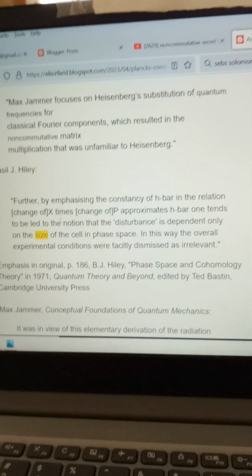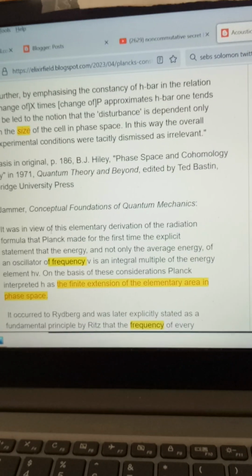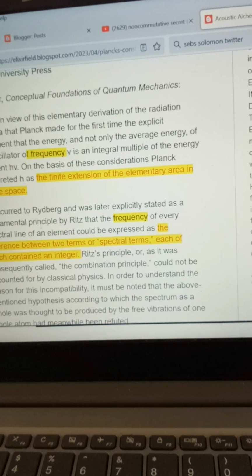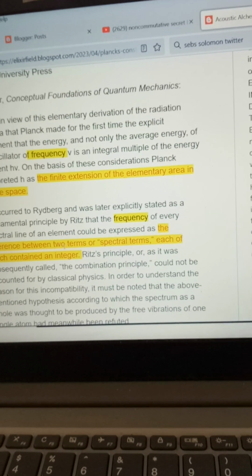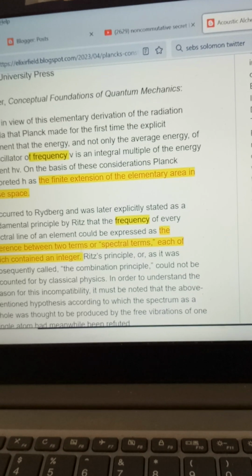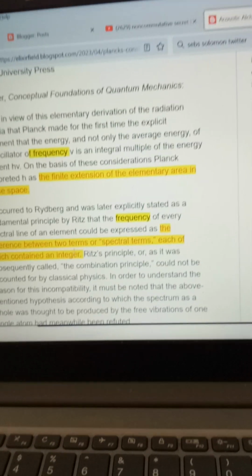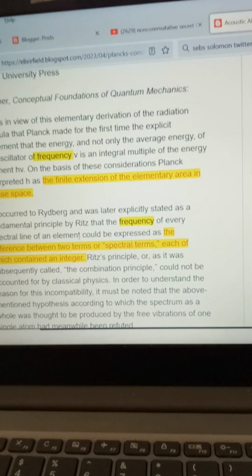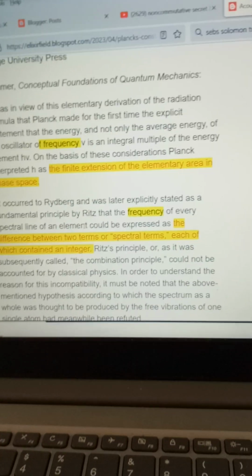And so this brings us back to Planck's constant. Again, we have Planck's constant as a difference between the spectral terms from the Ritz-Rydberg combination principle being non-commutative.